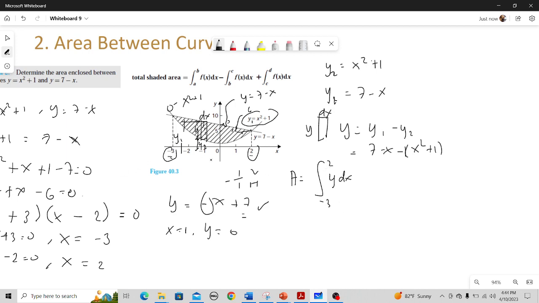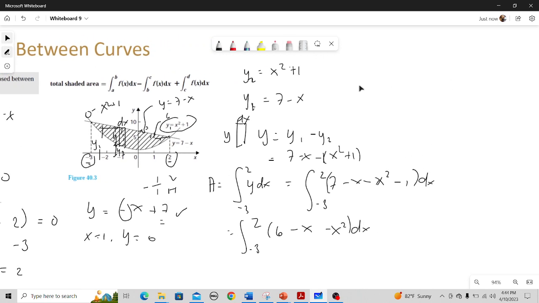This strip travels from here to here. You have 7 minus x squared minus 1, which is negative 3 to 2 of 6 minus x minus x squared dx.